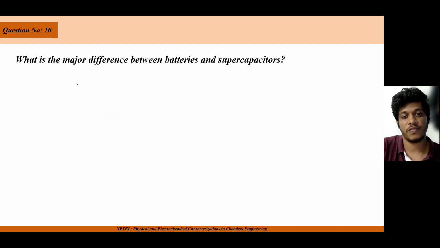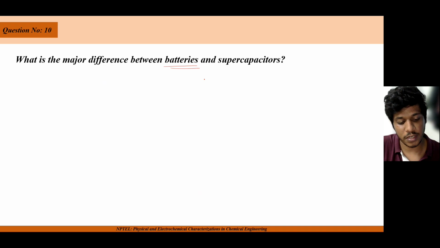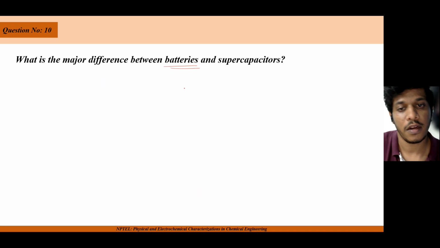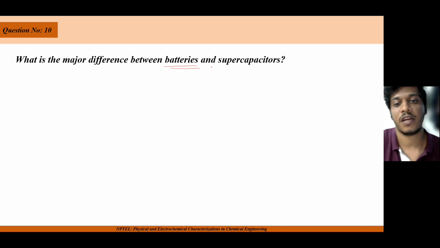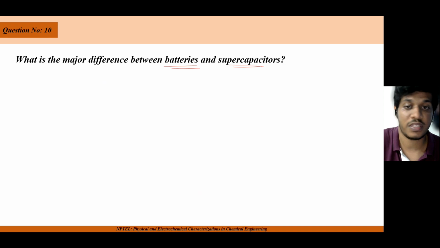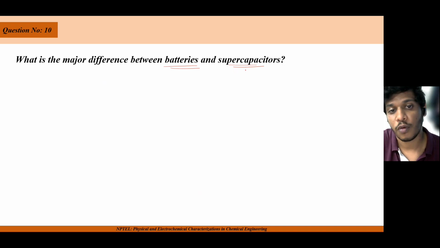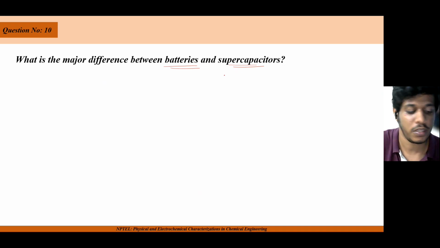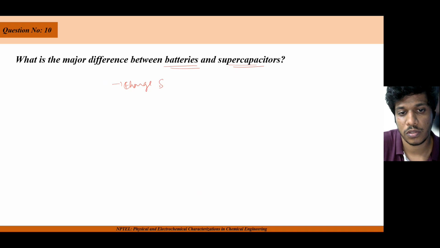So what is the major difference between batteries and supercapacitors? Batteries and supercapacitors are two kinds of energy storage devices that are currently available in the market. These are very commonly used devices. There are other devices, but of those, batteries and supercapacitors are the most common. They differ on the basis of their charge storage mechanism.